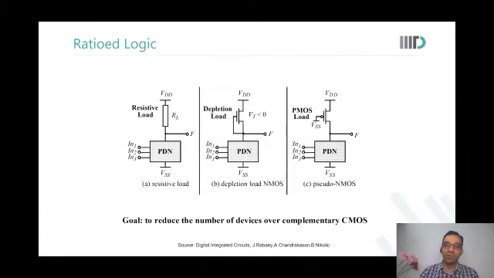Gold. We want to save gold. So we want to reduce area, come whatever may. So now we will look at a few techniques to reduce area. For example, in this particular slide, you will see completely doing away with the pull-up network. Instead of all those PMOSs, I will just put one resistive load.